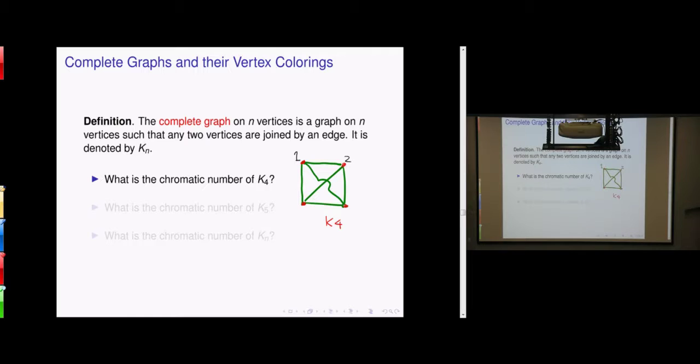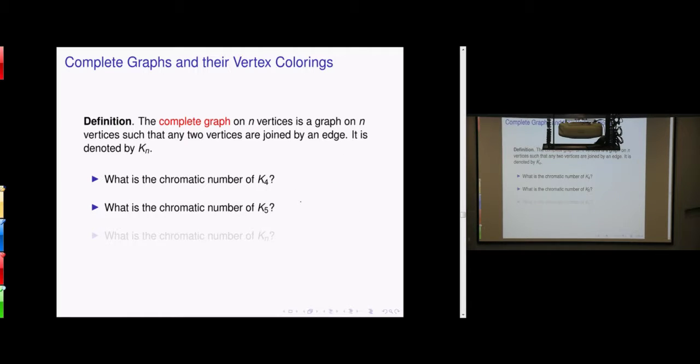Now this vertex is connected to both 1 and 2, so he has to use at least 3. The last one, because it's complete, is connected to all 3 vertices. He cannot use 1, 2, or 3, so he has to use 4. That's why you get 4. So you see the pattern, right?